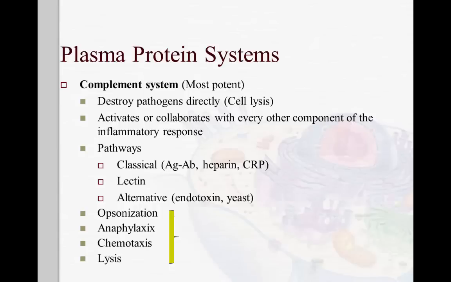Now, the most important in this cascade as well, besides cell lysis, would be not only the vasodilation and the capillary permeability, but also the induction and activation of mast cell degranulation. Mastocytes contain granules that, when mastocytes break, release these granules.